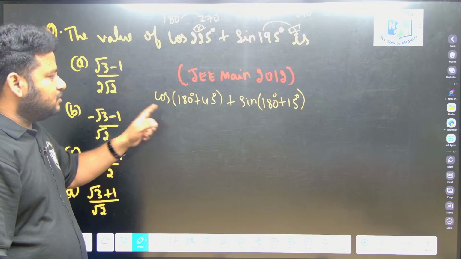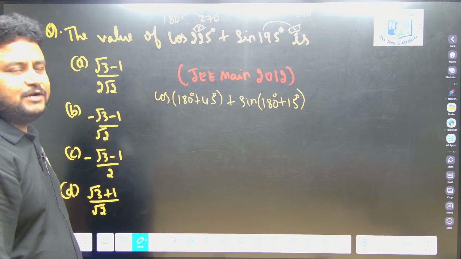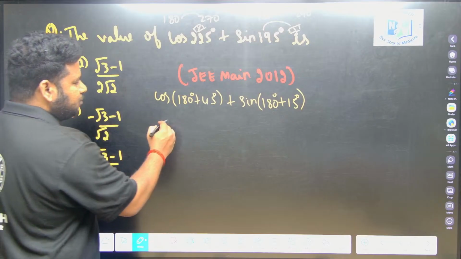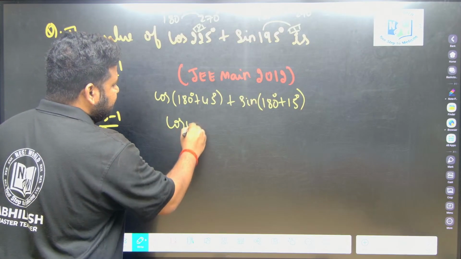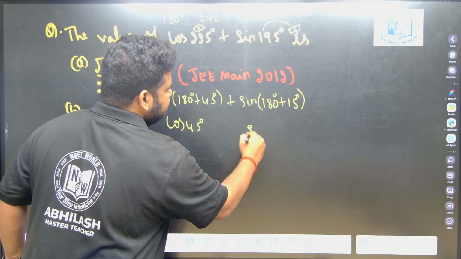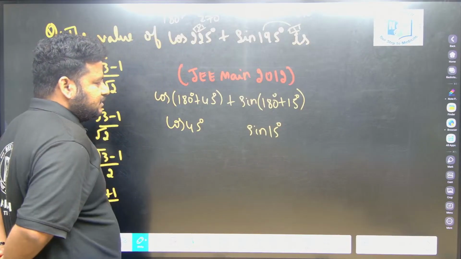So pi is an even multiple of pi by 2, that is, 180 is an even multiple of pi by 2. So cos will remain cos, I will write cos 45 degree, and sin will remain sin, sin 15 degree.